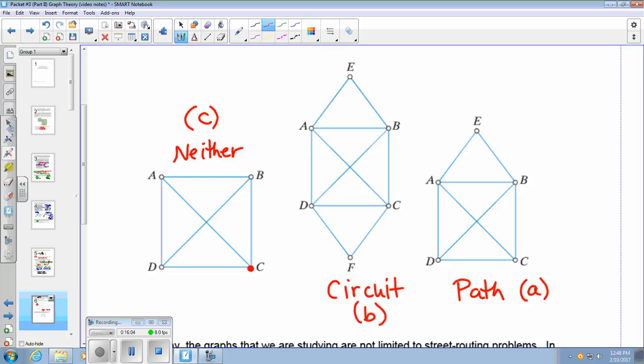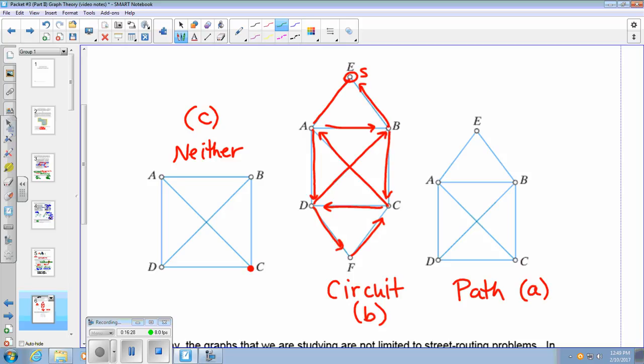And if you're curious, let's see if I can show you a circuit in here. I'm just going to trace this through. So note that I start here. I can get back to where I started. So that makes an Euler circuit.